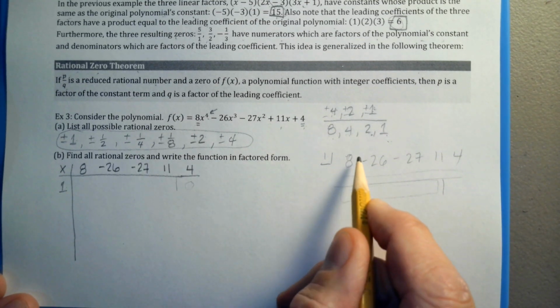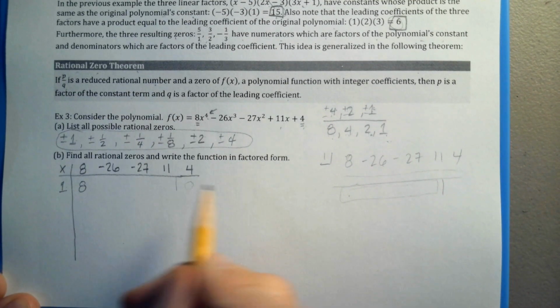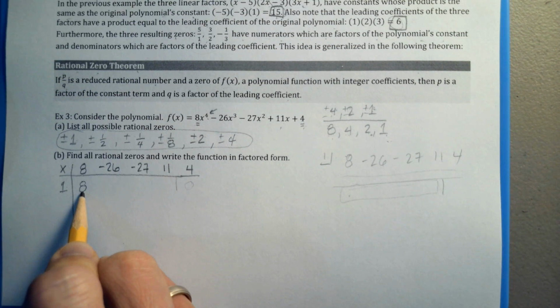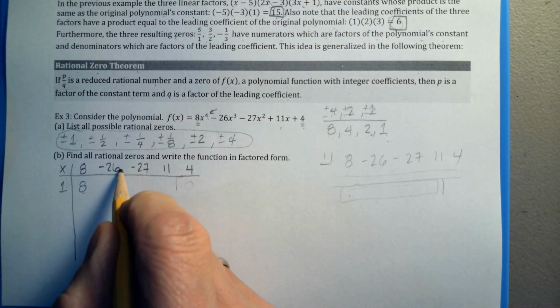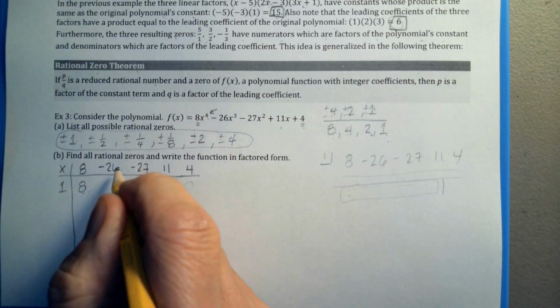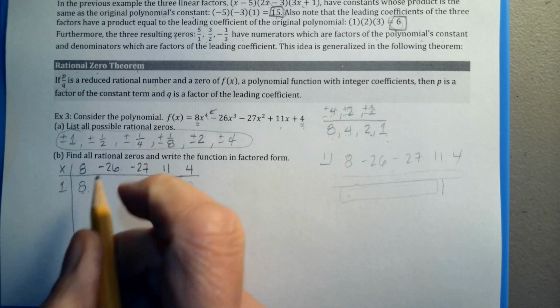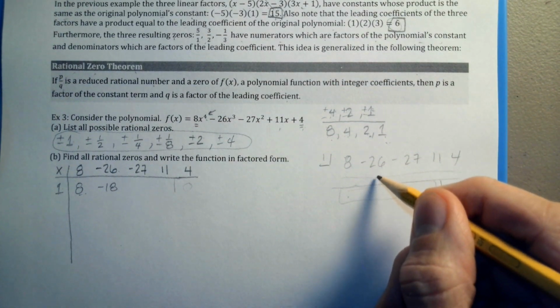All right, so we bring down the 8. We multiply 1 times 8, and that's 8. And then we add it to negative 26. This takes a little bit more concentration. So we have 8, and then negative 26 plus 8, that's negative 18. Again, we're not putting the number here.